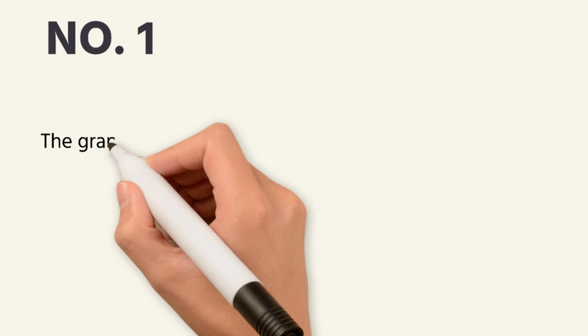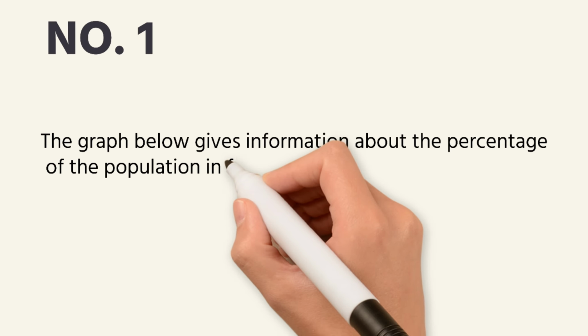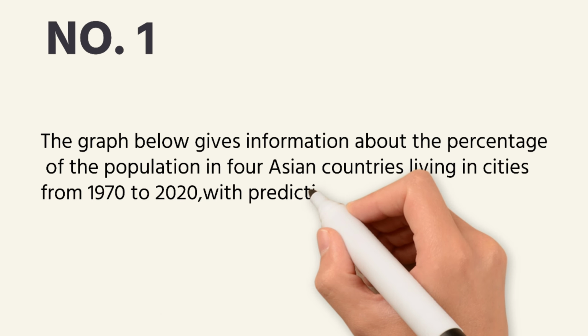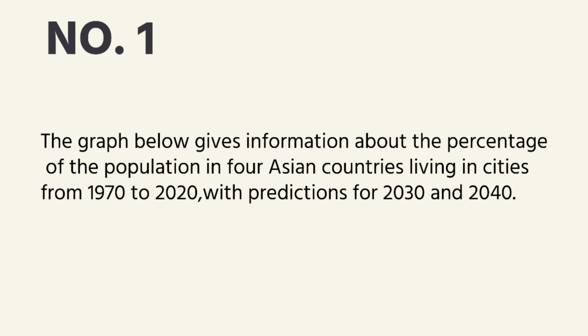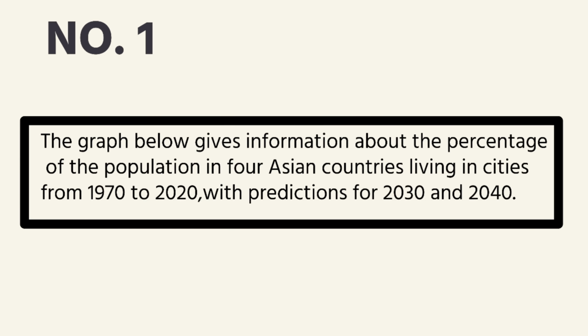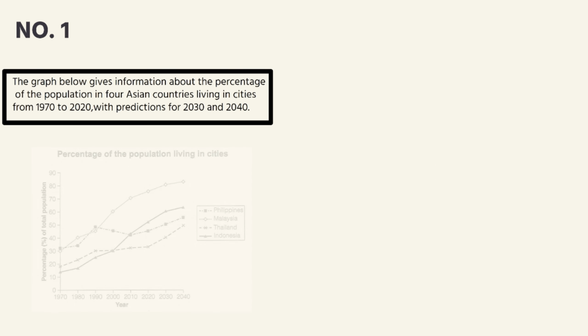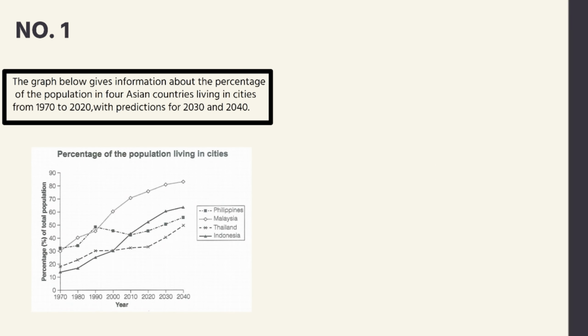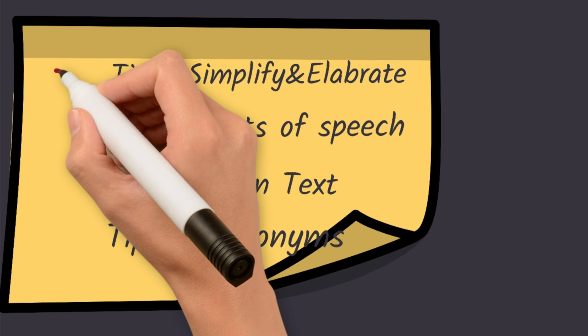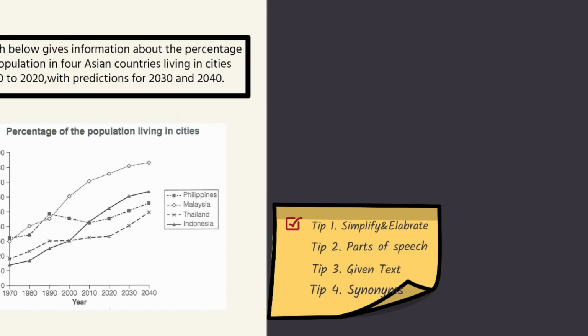Now let's practice together. First example, the graph illustrates the percentage of the population in 4 Asian countries living in cities from 1970 to 2020, with prediction for 2030 and 2040. Try tip 1, simplifying and elaborating.